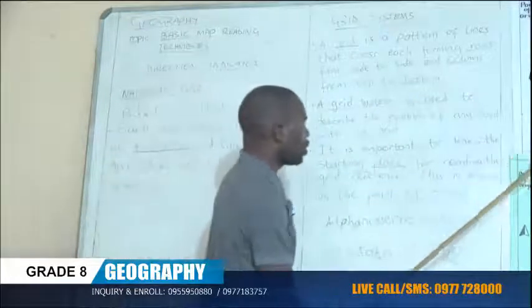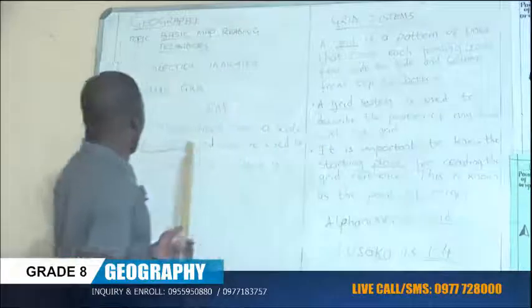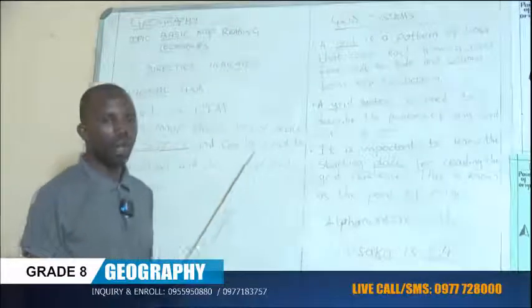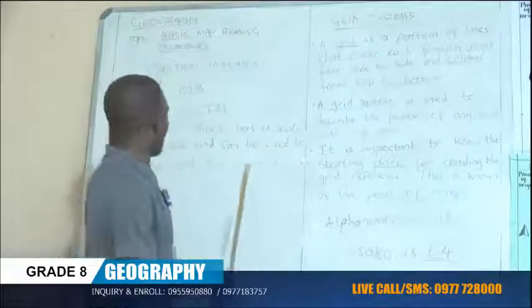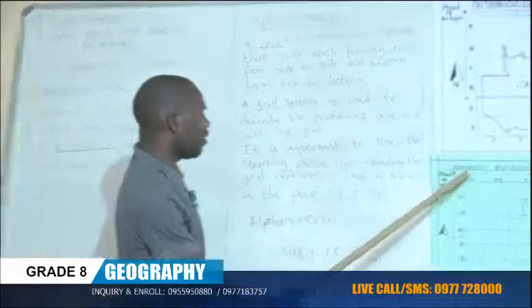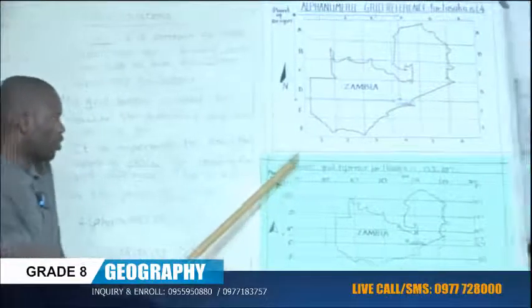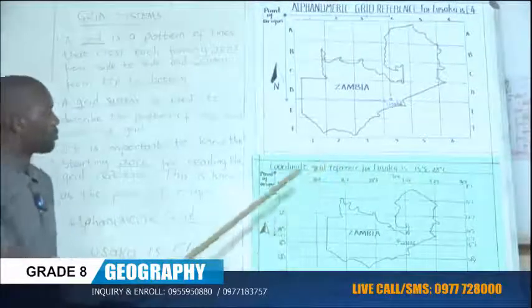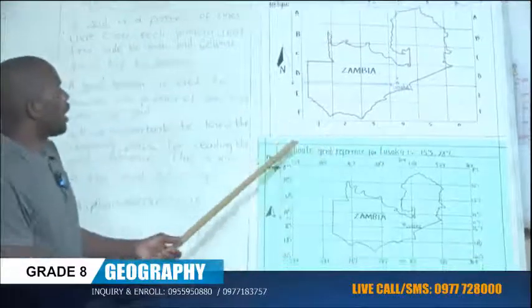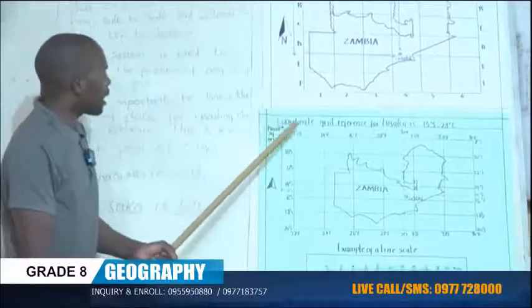when we go to the second chart, that's where these things will be understood very, very well. You can see clearly the heading on this chart, which has got the color of green: coordinate grid reference for Lusaka. So this is not an alphanumeric.